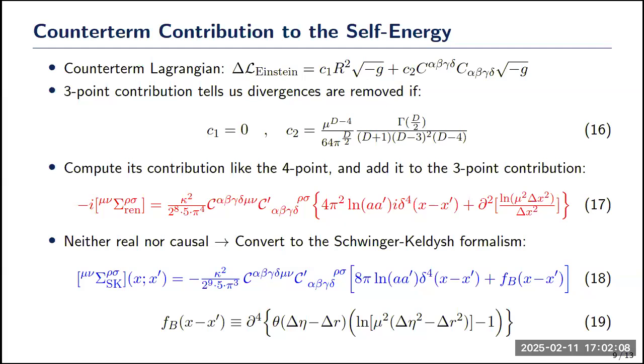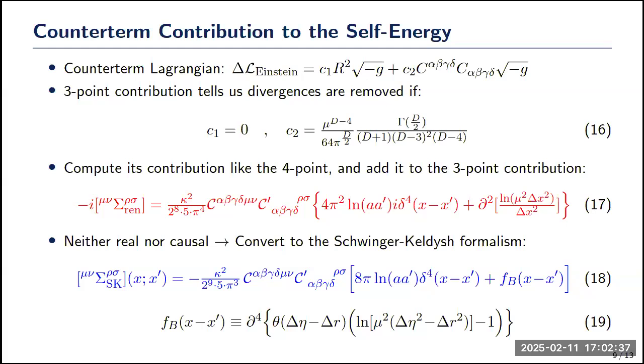So the way we figure out how to adjust those coefficients, C1 and C2, is to compute the contribution to the graviton self-energy for this counterterm Lagrangian, and then choose them to cancel the divergences. As it turns out, if you choose C2 to go like this, with renormalization scale mu, you'll cancel the divergences, and then you add that contribution to the primitive contribution. So the final in-out graviton self-energy goes like this.